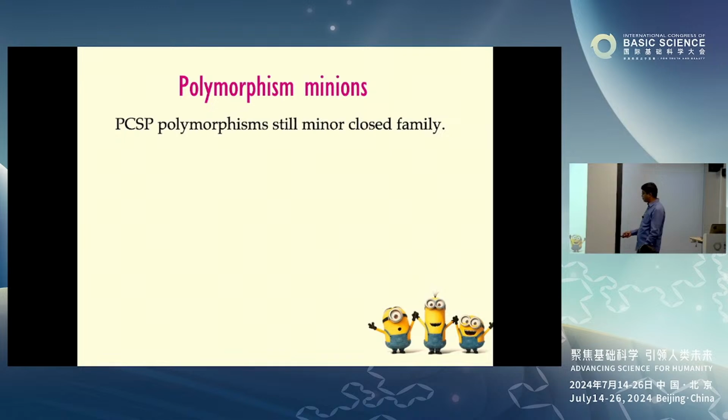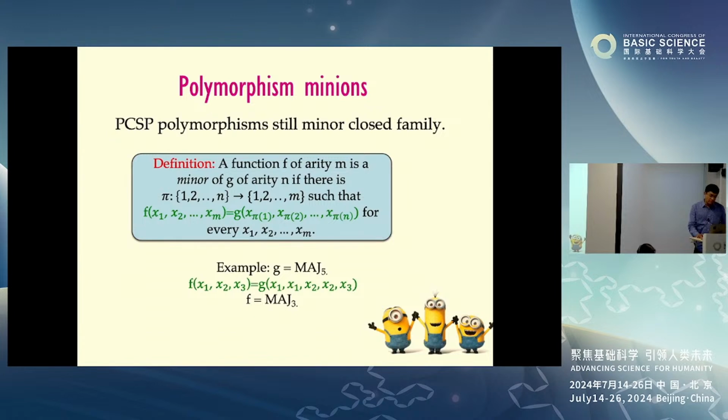They are what are called minions, and I won't go into too much depth. So if I have a set equal to each, it will also be a polymorphism. It has some structure, but definitely much less structure than this. And in fact, understanding what structure you can expect.